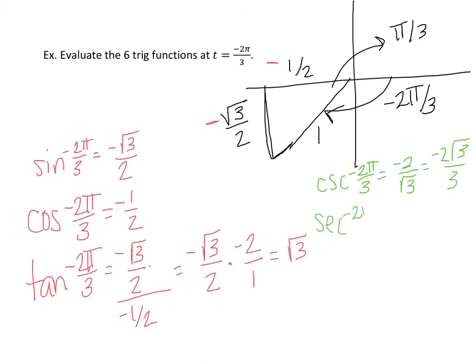Secant of negative 2 pi over 3, that one's easy, negative 2. And then cotangent of negative 2 pi over 3. So flip over radical 3 to get 1 over radical 3, rationalize, radical 3 over 3. Okay, you try this one, pause it, we'll come back and look at it.